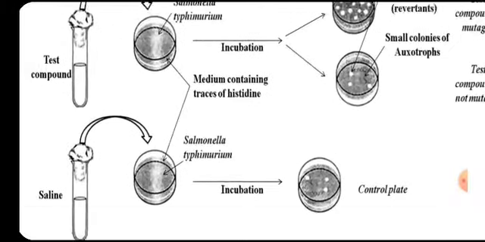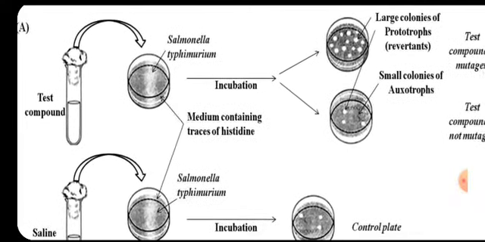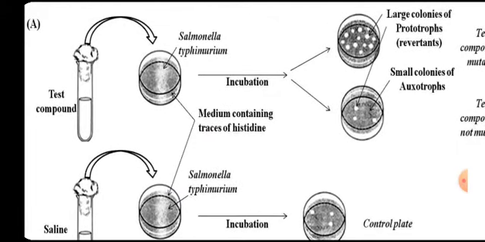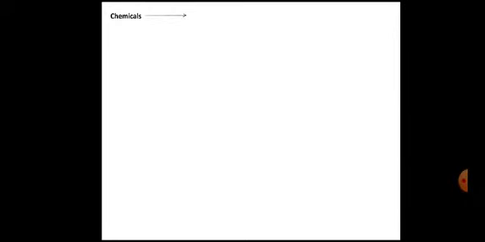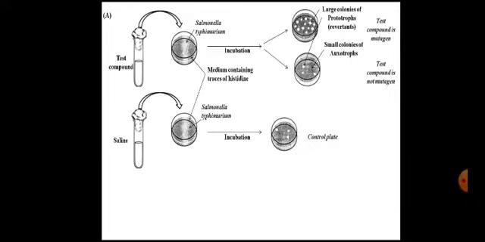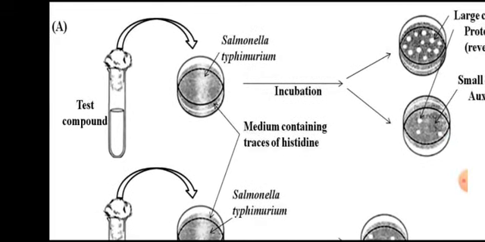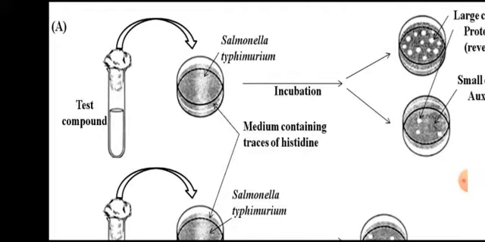Now, this is the A part of this test, in which we can see that the test compound is mixed into the medium containing Salmonella typhimurium and then it is plated.